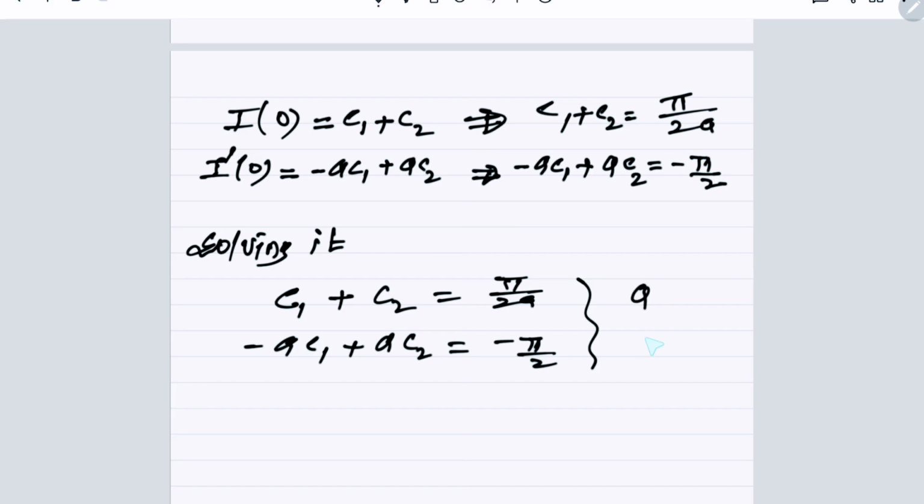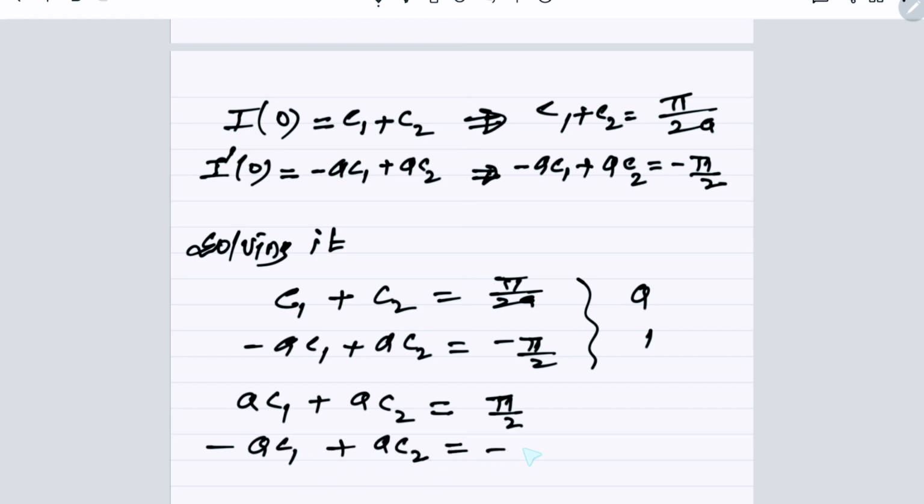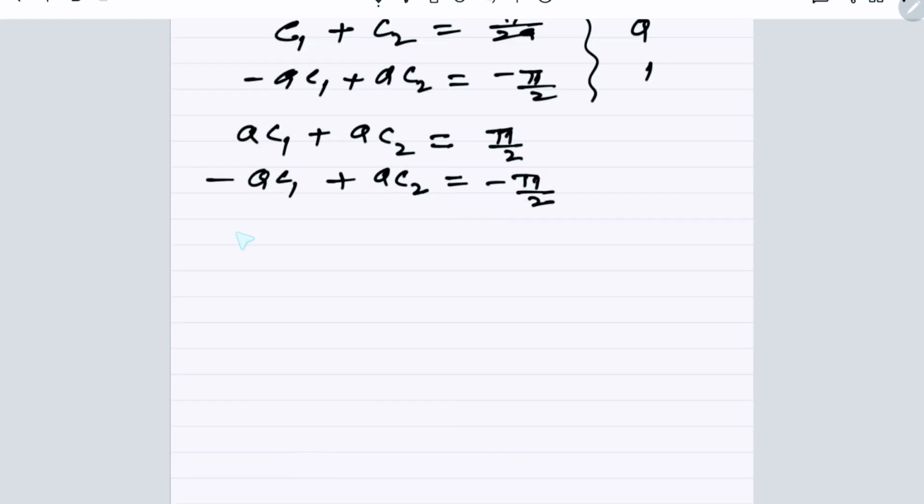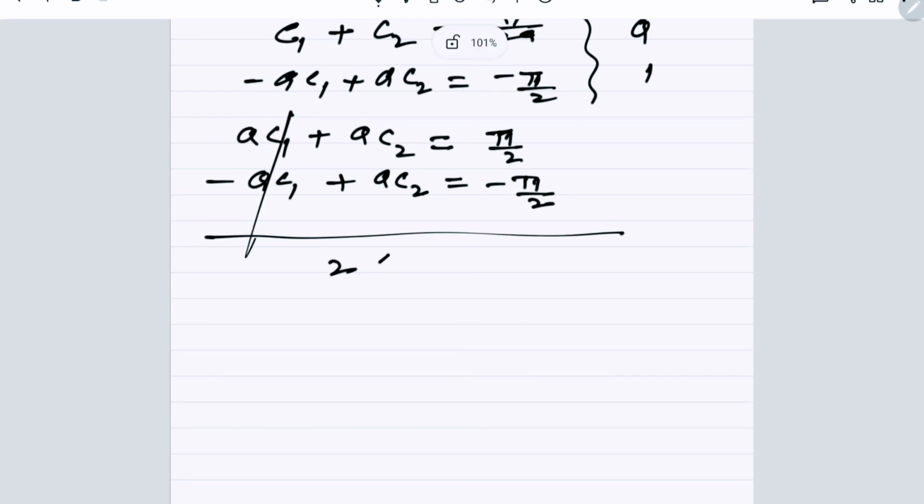Multiplying the first equation by a and the second by 1, we get a c1 plus a c2 is equal to pi by 2. And the second as it is, minus a c1 plus a c2 is equal to minus pi by 2. Then adding these two equations, the first term gets cancelled. a c2 plus a c2 we get 2 a c2, and the sum of the right-hand side terms is 0. We get c2 as 0.